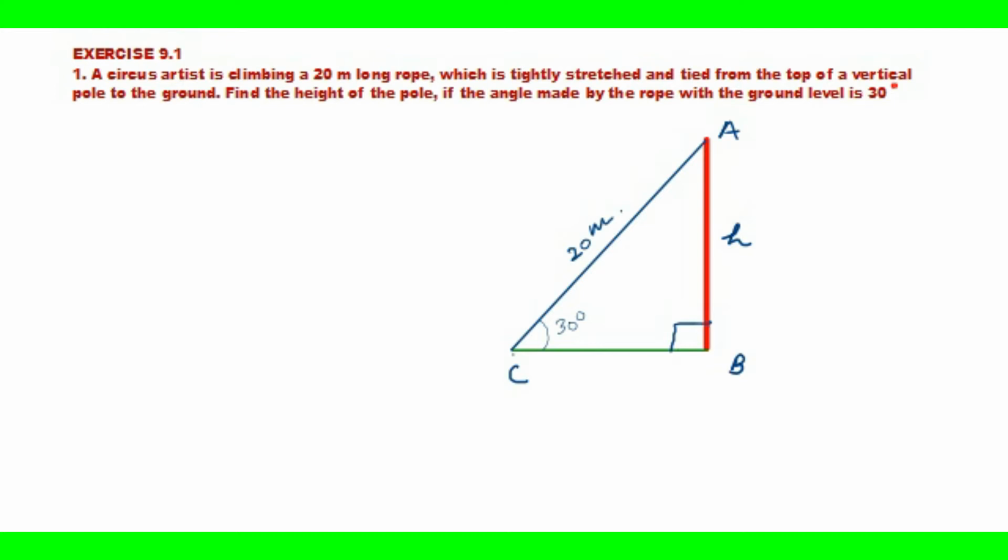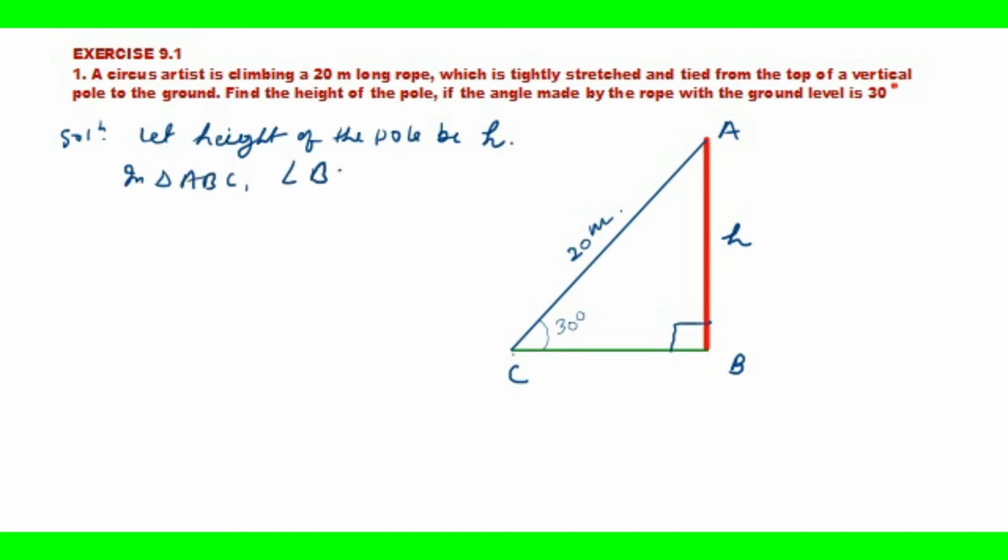Now let the height of the pole be AB. In the solution first you write, let the height of the pole be h, and then in triangle ABC, angle B is 90 degree.